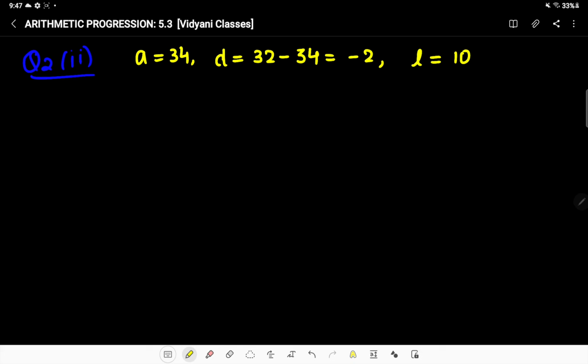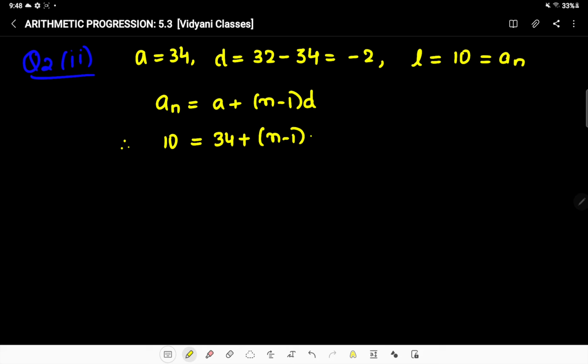Again we don't know the value of n, so we can write an equals a plus n minus 1 d. Now this l is nothing but your an also, because this is the last term. So do not get confused. This an is 10, a is 34, n we don't know, and d is minus 2.